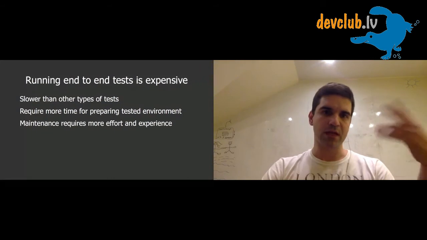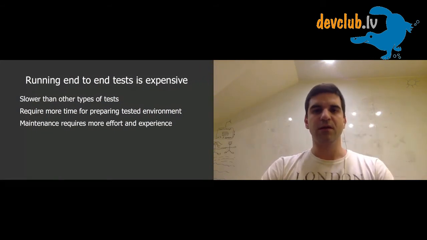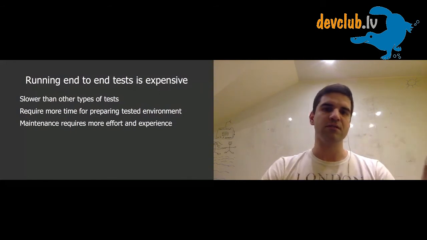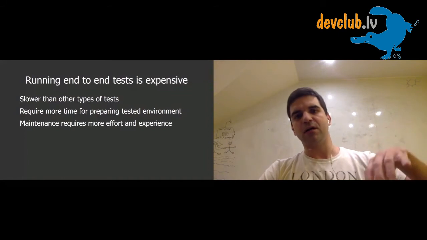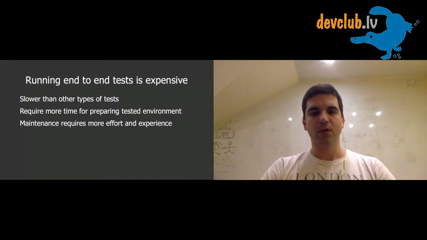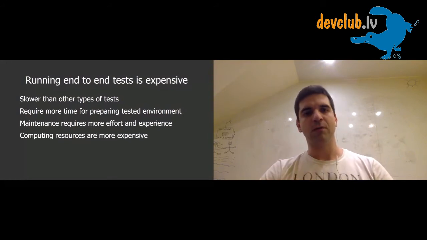So for example, in case of browser tests, you may need to constantly maintain in accurate state so-called CSS selectors. You know, these are expressions allowing you to find elements on the web page. Such tests are usually consuming more computing resources.